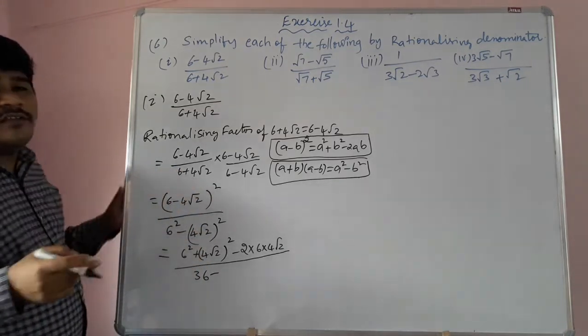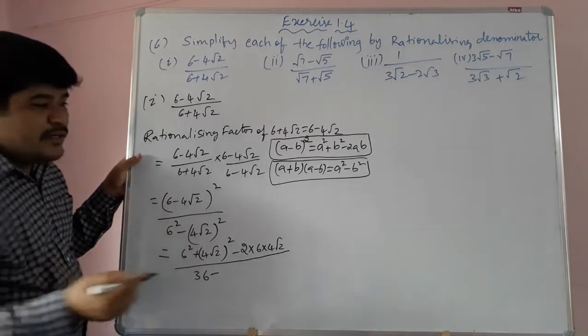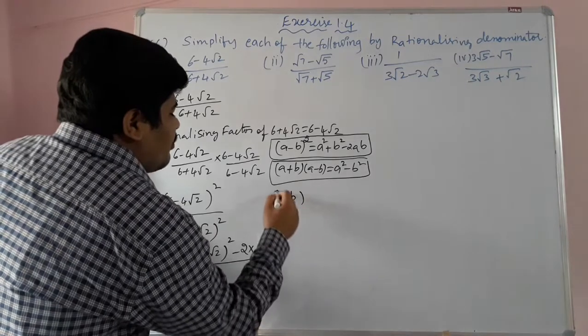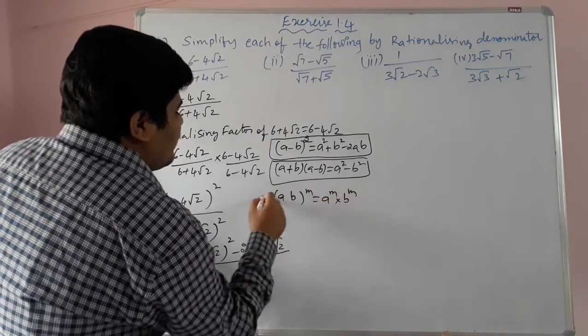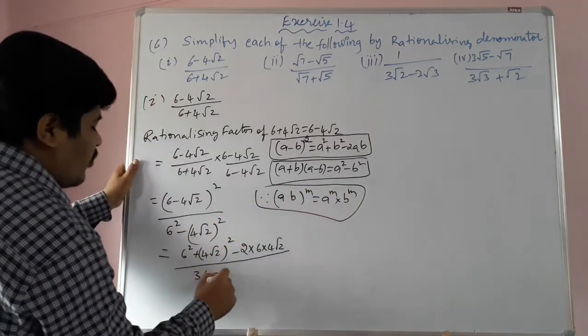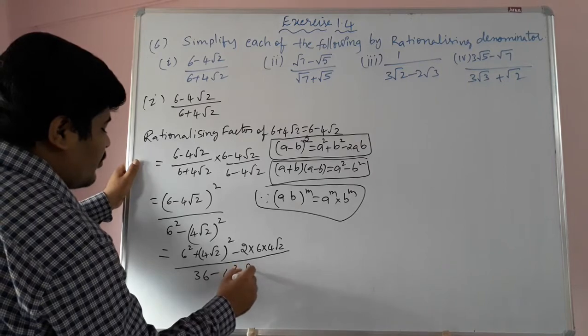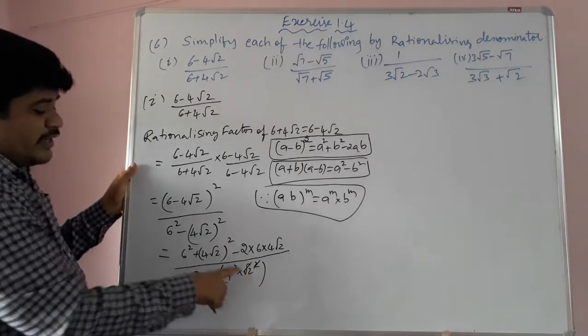so students, here 4 root 2 whole square is there. Here we need to use one formula, a into b whole power m. So a into b whole power m is equal to what? A to the power of m into b to the power of m. So we are using this formula. This is 4 square into root 2 square. So here the square and square root cancel.